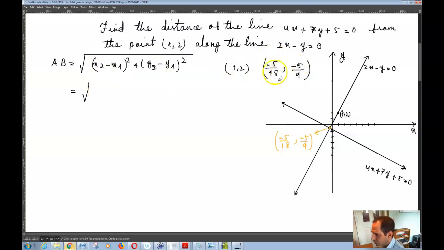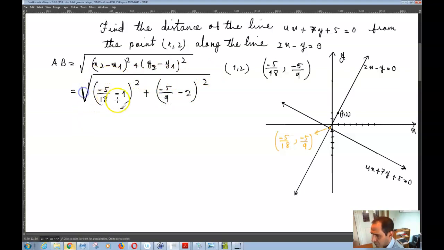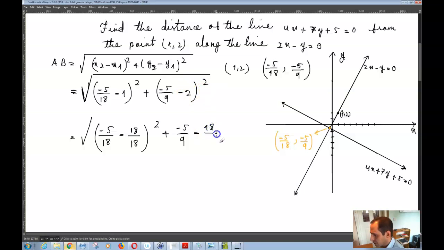So then I have negative 5/18 minus 1 whole squared plus negative 5/9 minus 2 whole squared, and we can write this as negative 5/18 minus 18/18 whole squared plus negative 5/9 minus 18/9 whole squared.